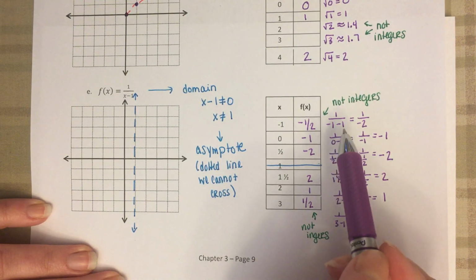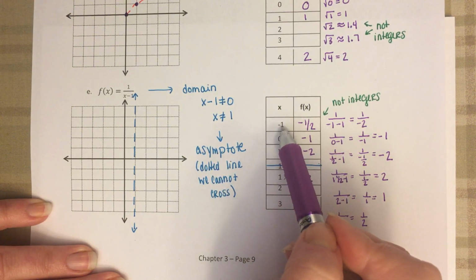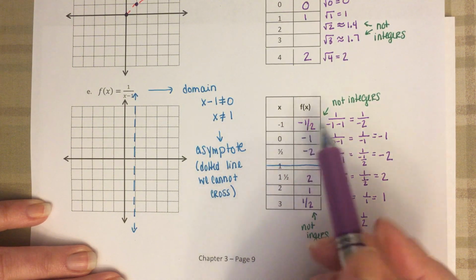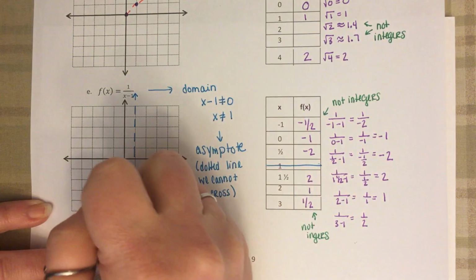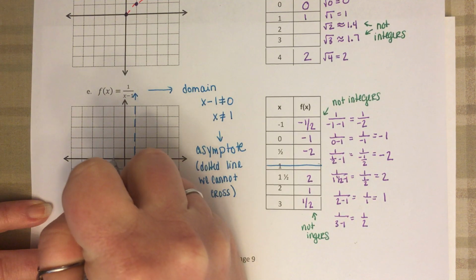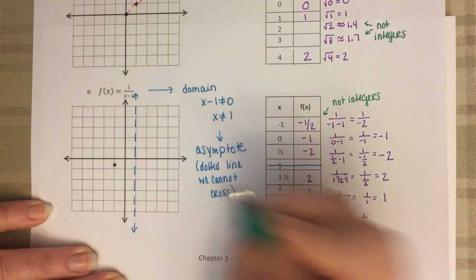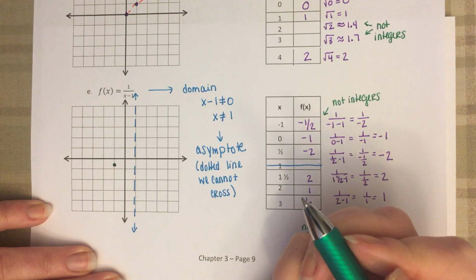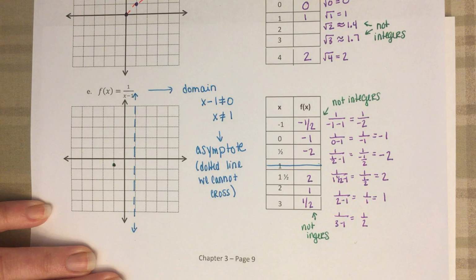So on the left side, even though it's not an integer, I'm going to plot the point -1, -1/2. And I'm going to use the green here to emphasize that it's not an integer. So I'm going to move to the left 1, and then I'm going to move down exactly 1/2. Unlike the rest of the points that we've seen, this one doesn't land exactly on perfect integer pairs.